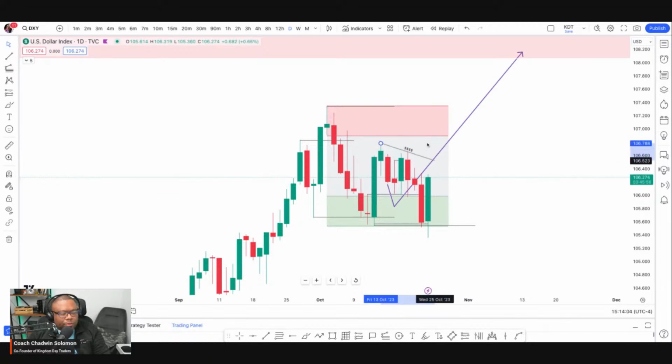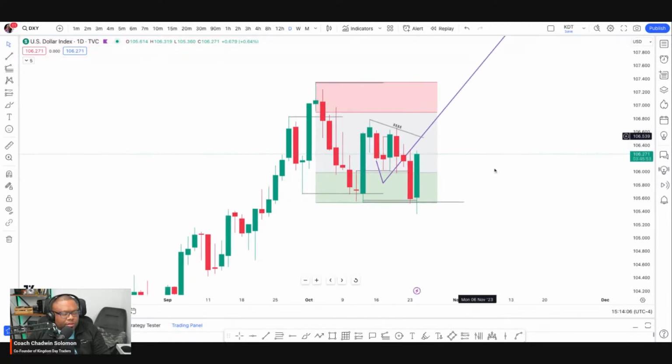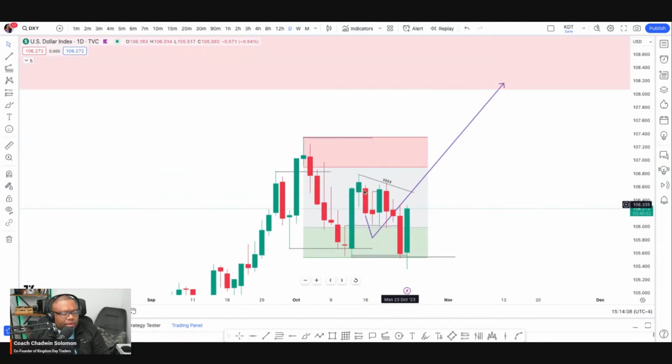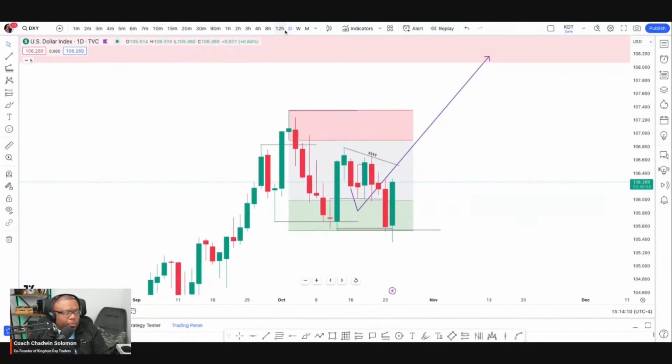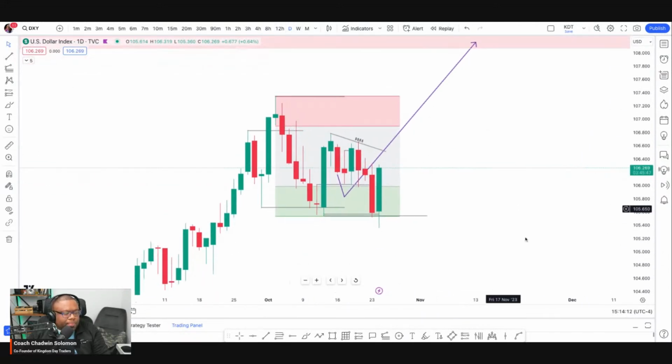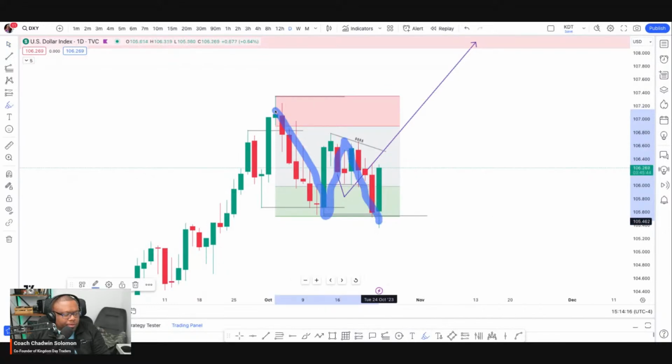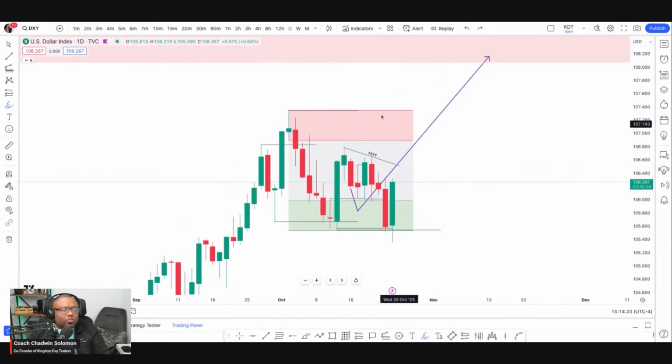When I say equal, I mean relatively equal. They don't have to be exactly equal. So I'm going to be waiting to see, but essentially this is what I'm seeing happening: price comes down, goes up, comes down, goes around here for a bit, and then goes higher up. There is a draw to the upside.